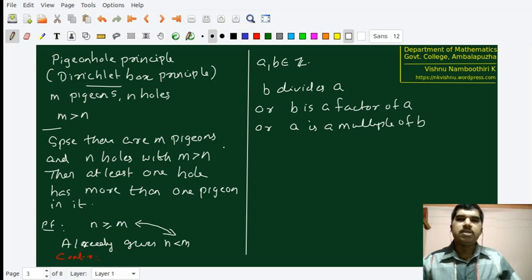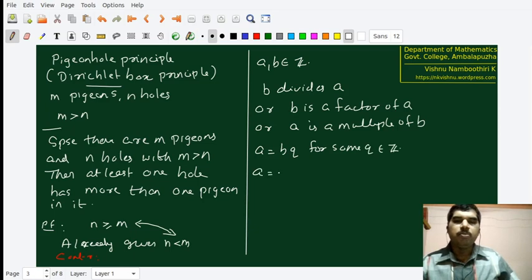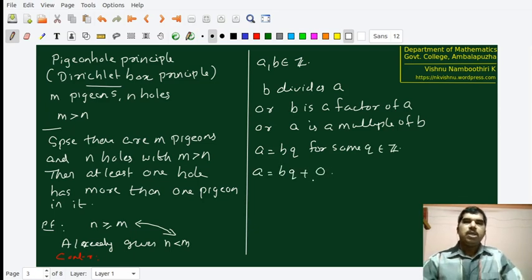All these are equivalent. B divides a if we have a is equal to bq for some integer q. So in the division theorem, a is equal to bq plus r. Here we have a is equal to bq plus 0. In this case, we say that b divides a.